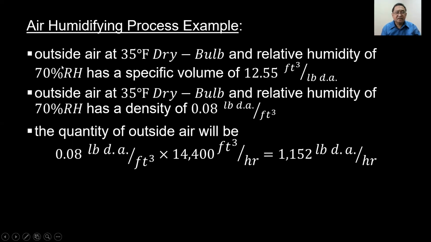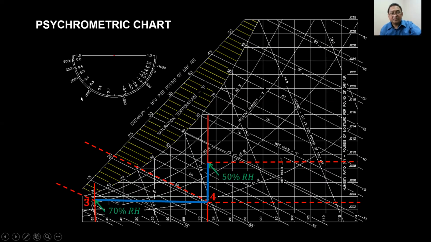And the outside air at 35 Fahrenheit dry bulb and relative humidity of 70% RH has a specific volume of 12.55 here. Okay.